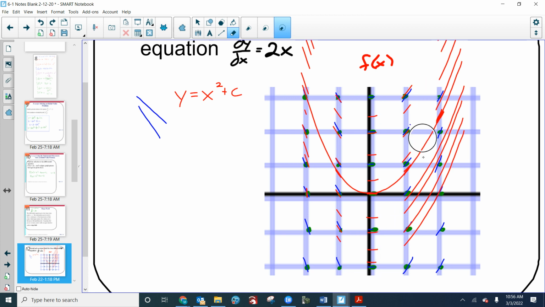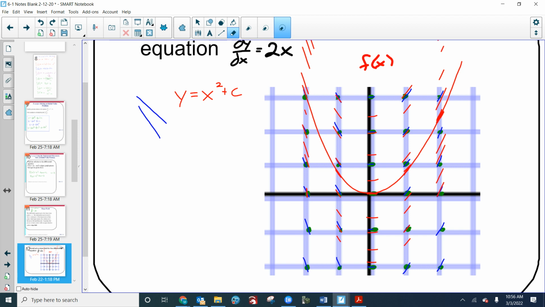Just draw little tangent segments. See all those red and blue little tangent segments? What are those representing? Slopes. If I graph enough slopes, like little tangent lines, can't you start to picture what the original looks like?